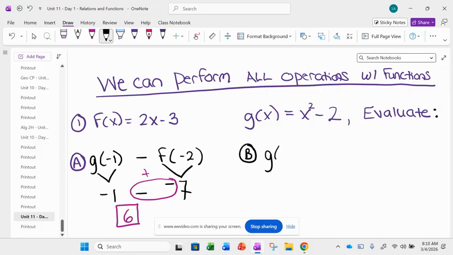Let's say I have g of c plus h minus g of c, all over h.